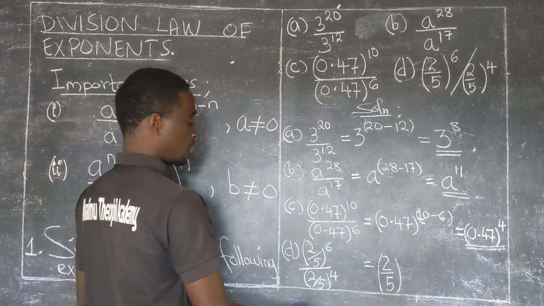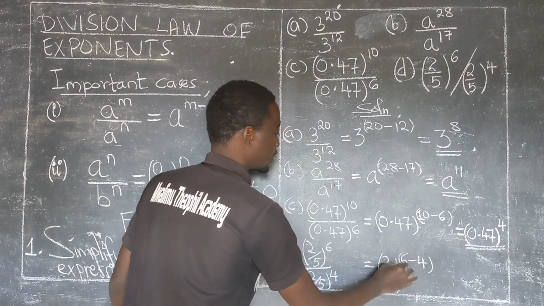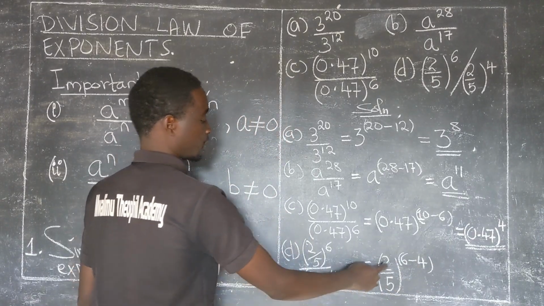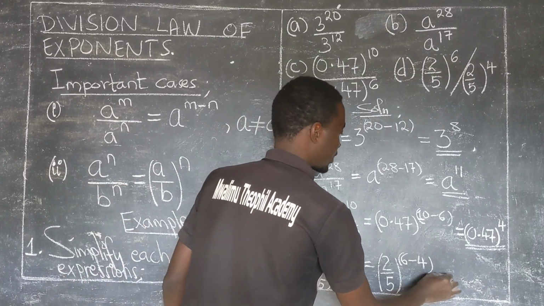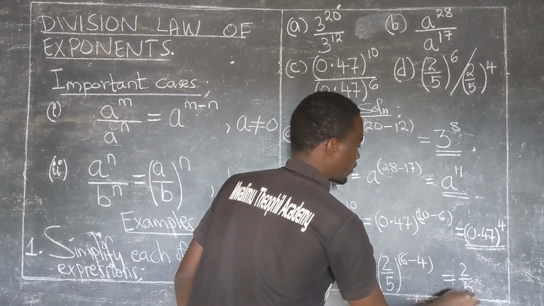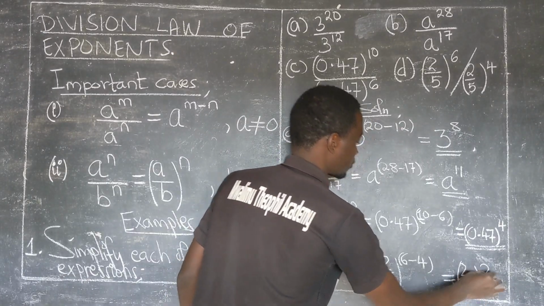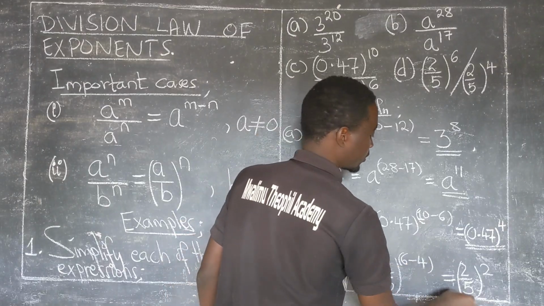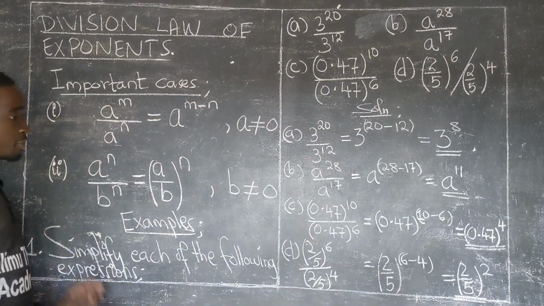Then we raise to 6 minus 4, as it is division and you subtract the exponents. Now the answer here is going to be 2 over 5 raised to exponent 2, which is 6 minus 4. This is the answer. Now we are through with the first example.